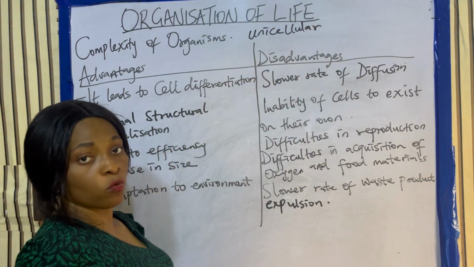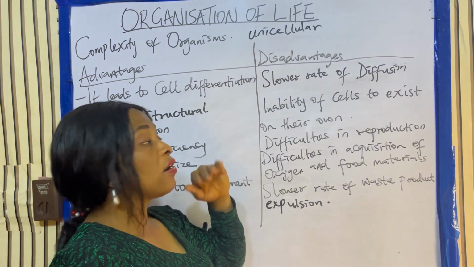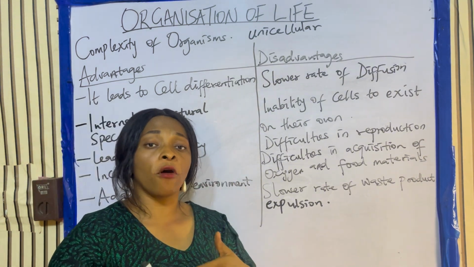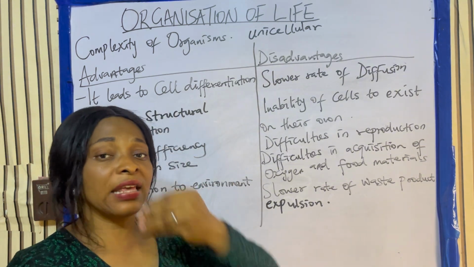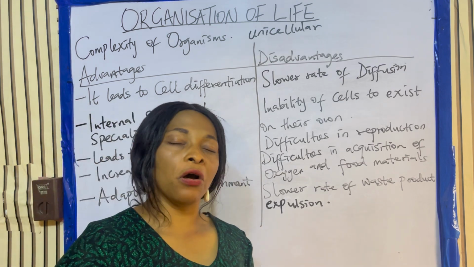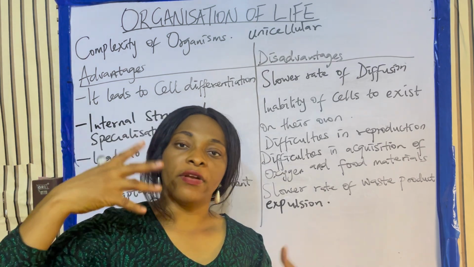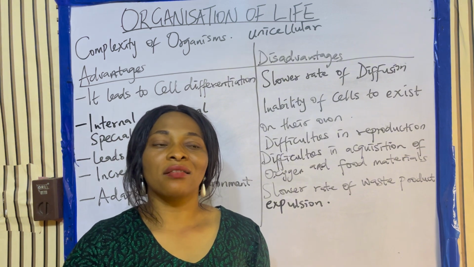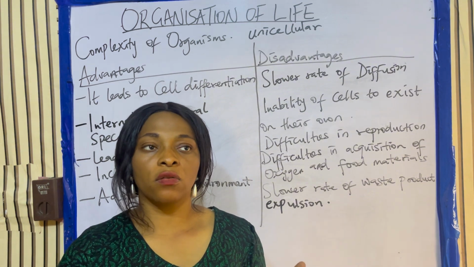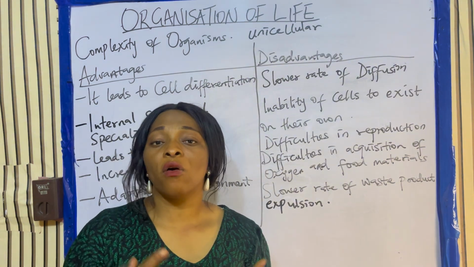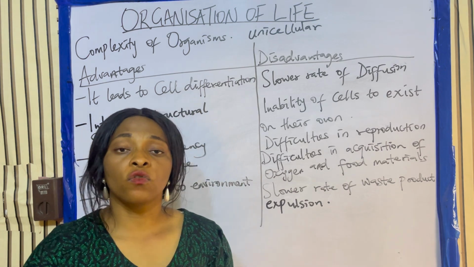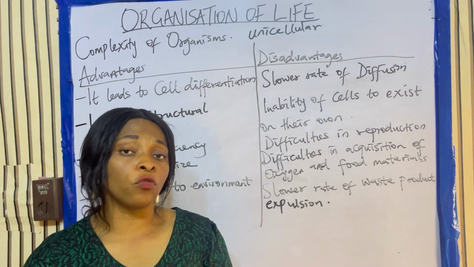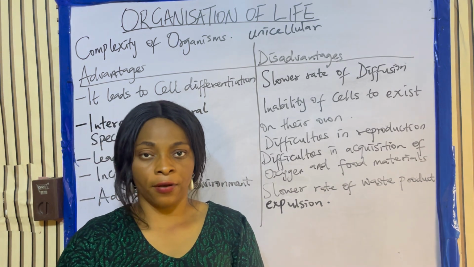Now, even though unicellular organisms, remember what we say are unicellular organisms? Organisms that have one cell. Even though they are able to perform all life activities like eating, excretion, reproduction, respiring, and the rest of them, they are still at a disadvantage because they lack some vital organs that can help them to be efficient in their survival.